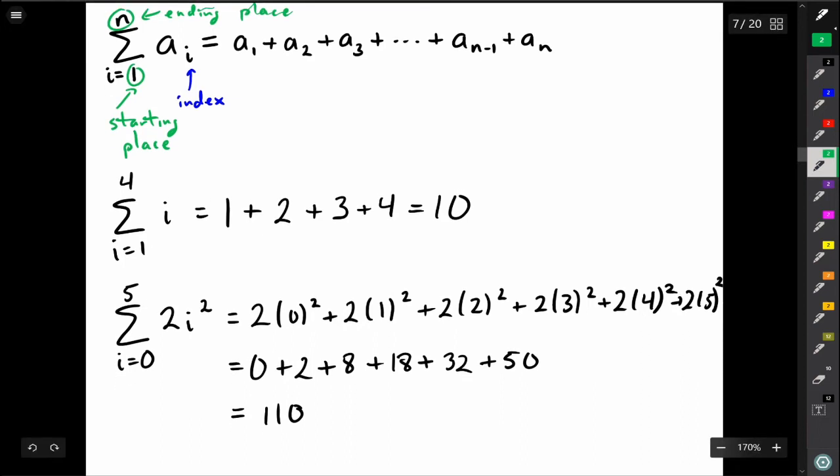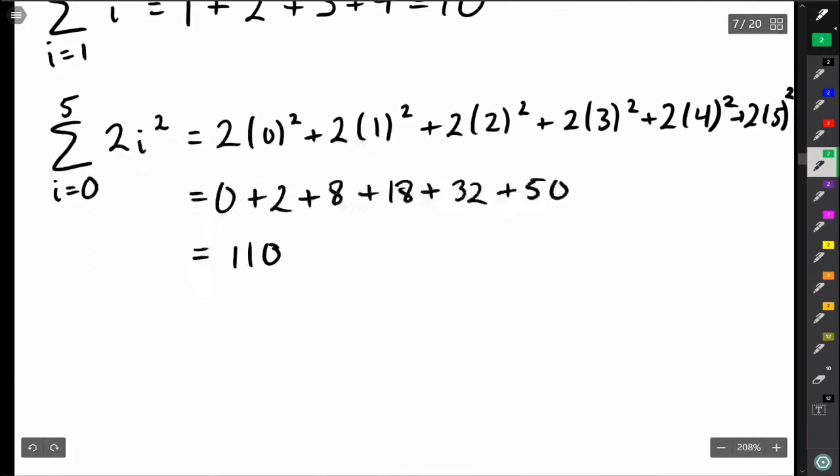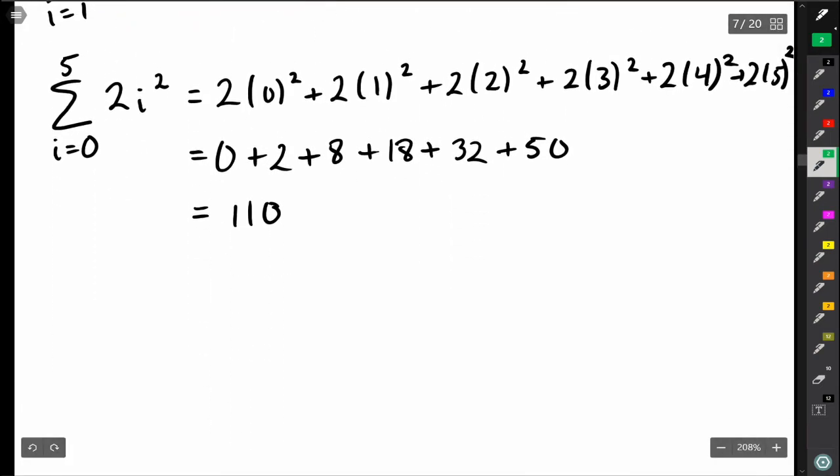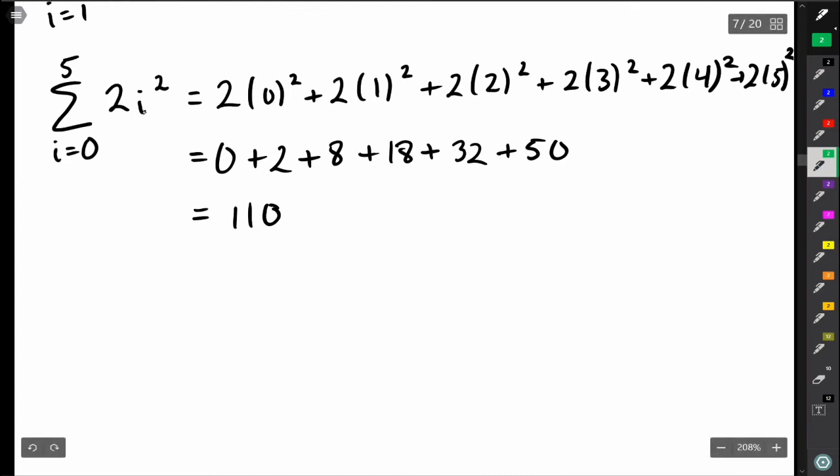For the next one, let's look at something slightly more involved: the sum from i equals 0 to 5 of 2i squared. Here we plug in various numbers, starting at 0 and going all the way up to 5. Start at 0, plug that in.